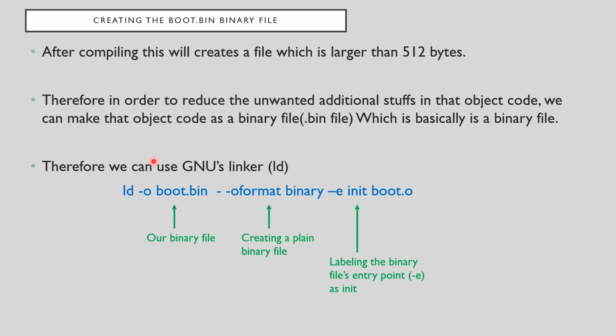So this is the place we can use the GNU linker. The linker is kind of a service that GNU has given to us. By using the GNU linker, we can create our own binary file from our object code.